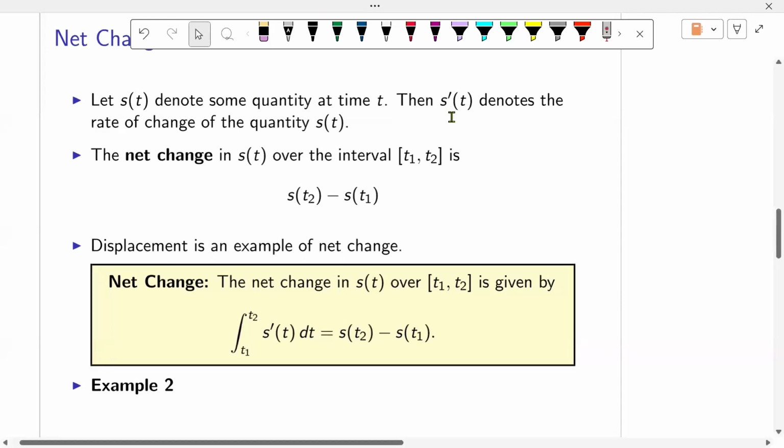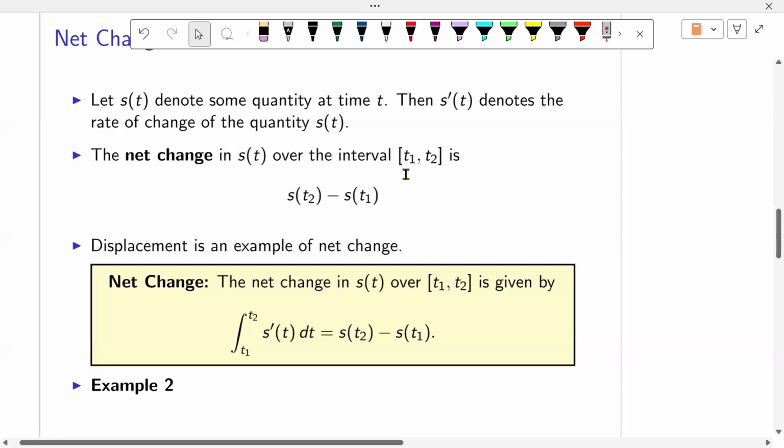And then we can look at its derivative, S prime of t, and this tells us the rate at which that quantity is changing. So maybe water is leaving the bucket. That would tell us the rate at which the water leaves. Maybe the stock is going up in value. That would be the rate at which the stock is increasing in value, and so forth. The net change is like displacement.